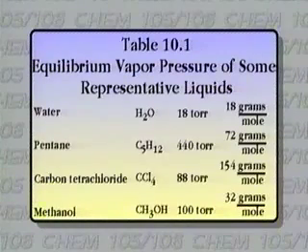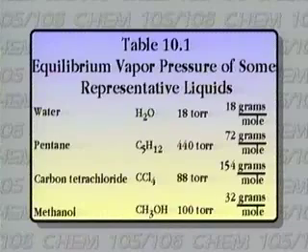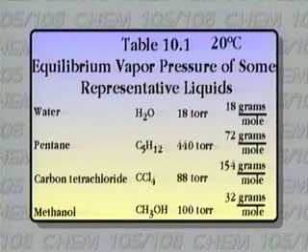Let's take a look at four representative compounds here and look at their vapor pressure. This would be the vapor pressure at a particular temperature, and I believe the temperature here is, if I recall, 20 Celsius degrees.